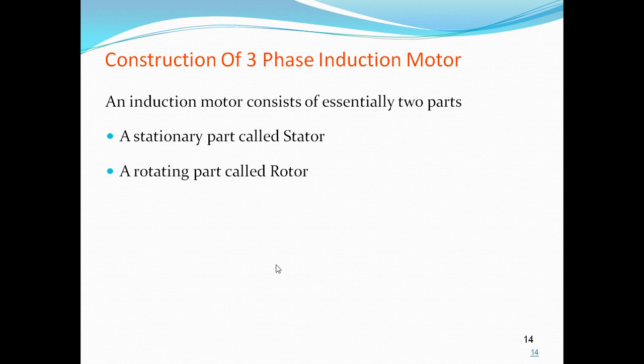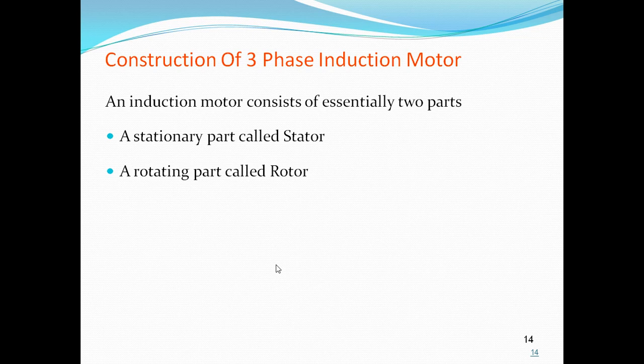And another thing is, the rotor slots are not made parallel to the rotor shaft axis. They are skewed at a certain angle to reduce magnetic noise during working. That is one point. Another point is to produce a uniform torque. That is the second point.